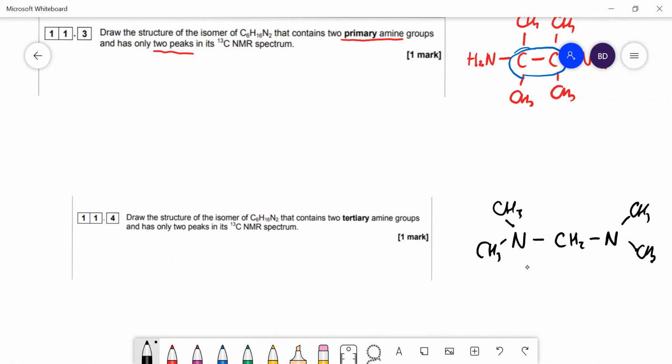We've got 5. So what we need to do is just put CH2, CH2 in there. And that will work because once again we've got symmetry. These two are the same as each other, and then all those methyls are exactly the same as each other. So that's the answer to that one.